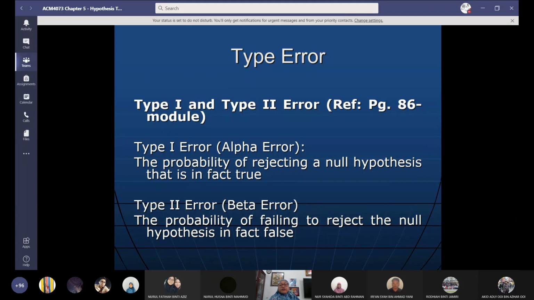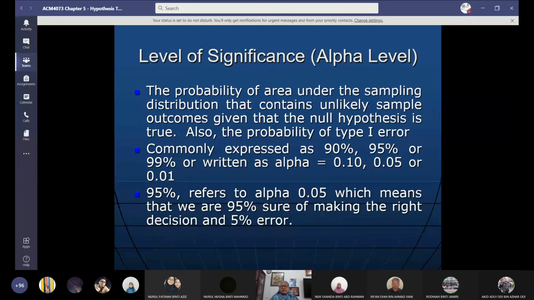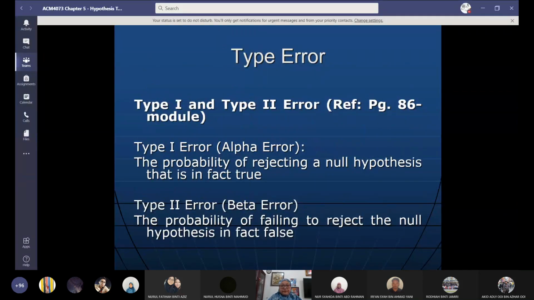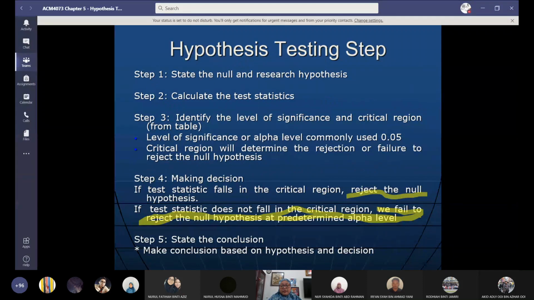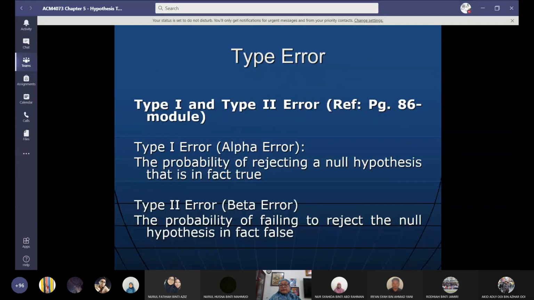Type 1 error is about agreeing that there are differences, and the second one is to admit that there are differences, failing to reject the null hypothesis. Okay, that is about hypothesis testing. Alpha error and beta error.